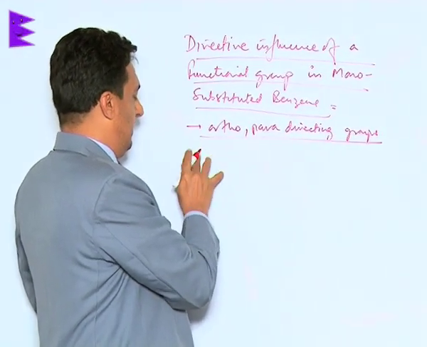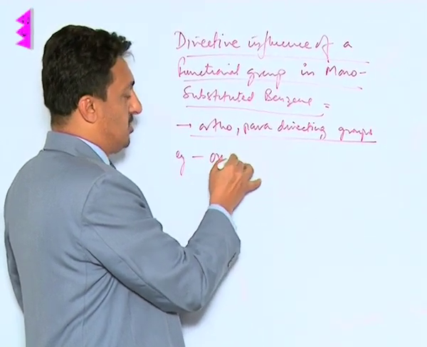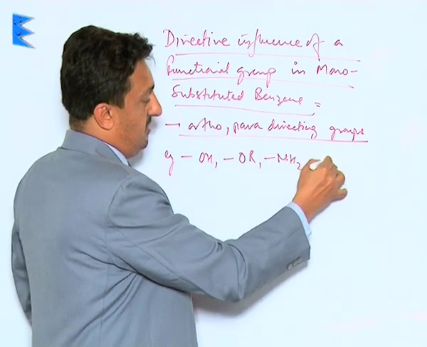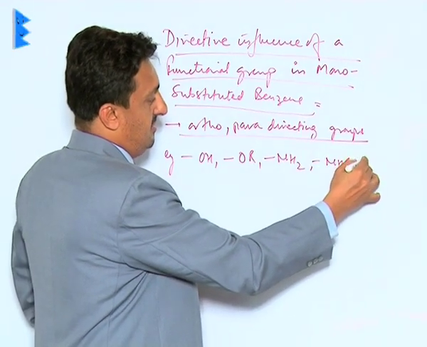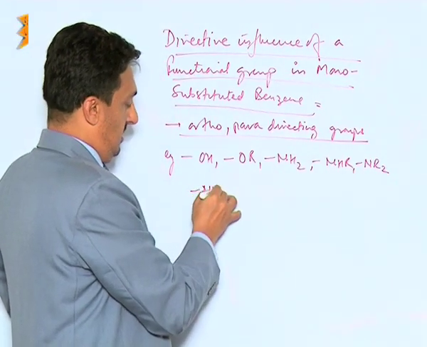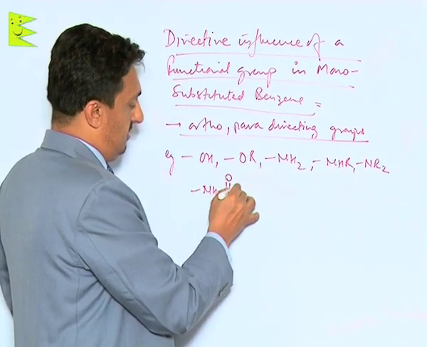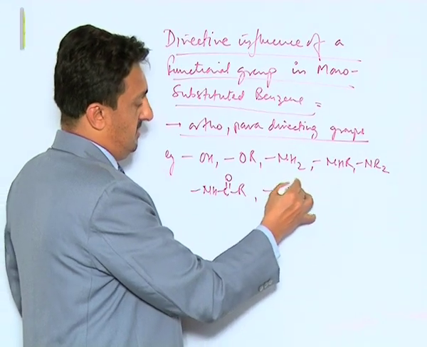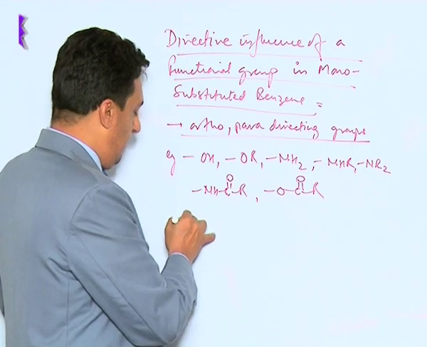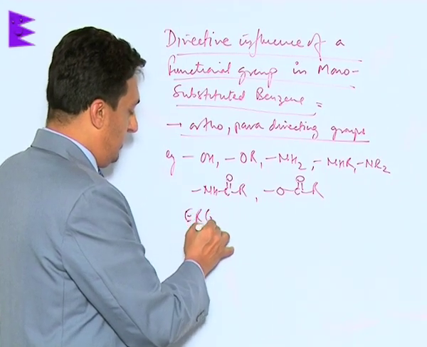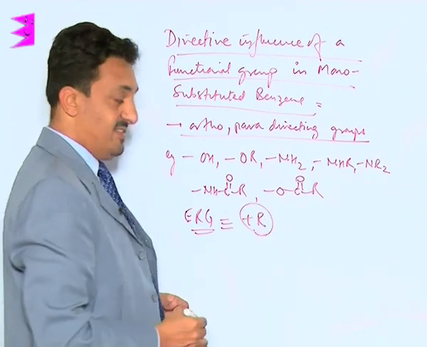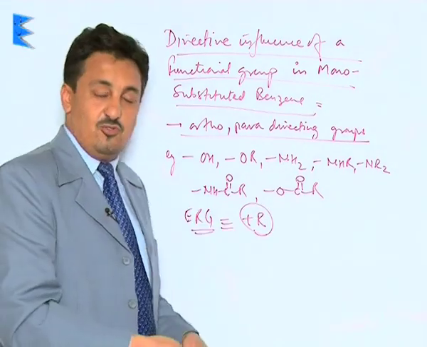These are OH group, OR group, NH2 group, secondary amine, tertiary amine, amide through nitrogen, esters through oxygen. All these are called electron releasing groups. They show plus R effect and they release electrons towards the benzene ring.